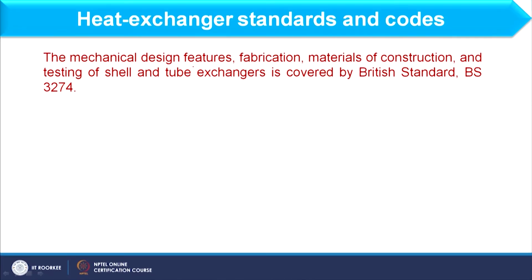So mechanical design features, fabrication, material of construction and testing of shell and tube heat exchanger are covered by British standard BS 3274. For each category, for each application, we have different standards, and for shell and tube heat exchanger mechanical design we have British standard BS 3274.